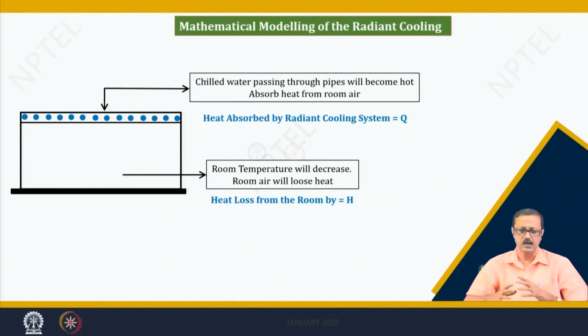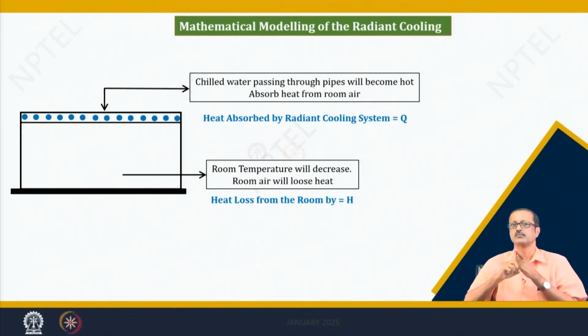Now, let me explain how this system behavior can be mathematically modeled. There are two things happening simultaneously. One is that heat is going to be absorbed by the radiant cooling system. What is this radiant cooling system?